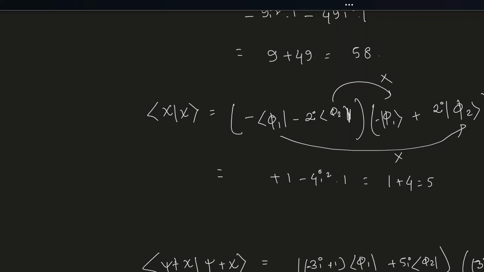Again ignoring the cross terms leading to 0, only taking phi 1 and phi 2 terms. So this is minus 9i squared, minus 3i plus 3i, minus 1 into 1, minus 25i squared. So this is plus 9 plus 25, equal to 34.